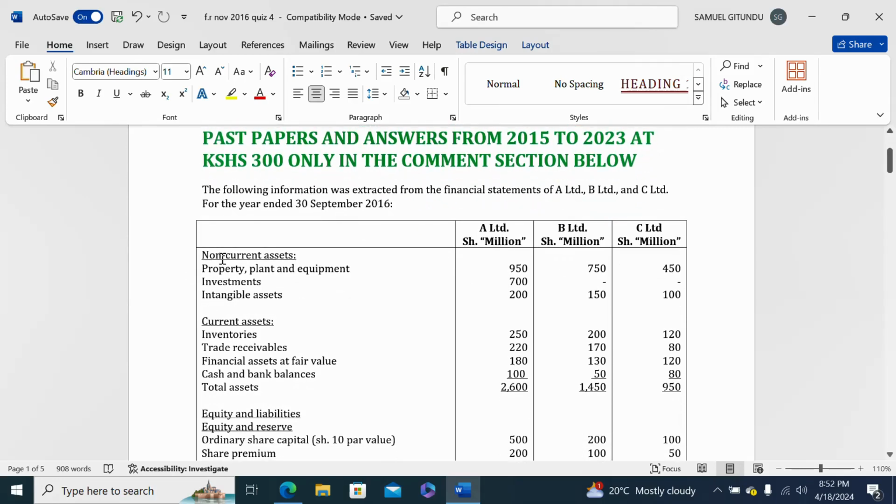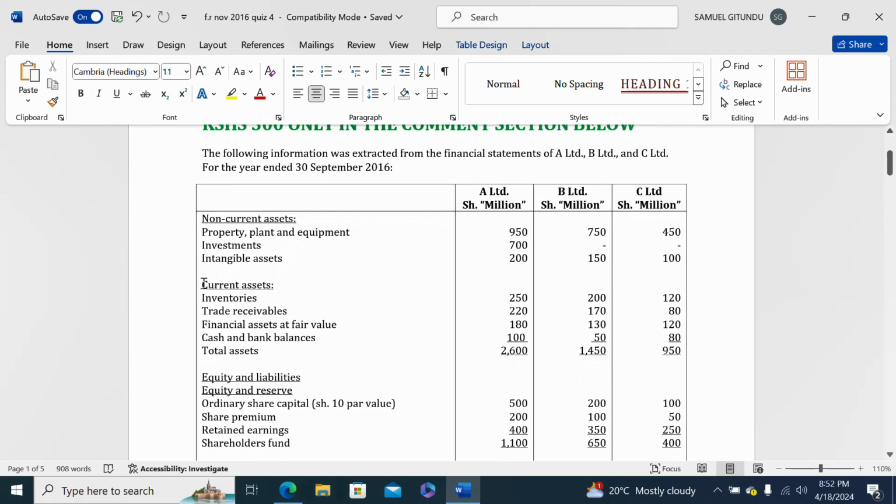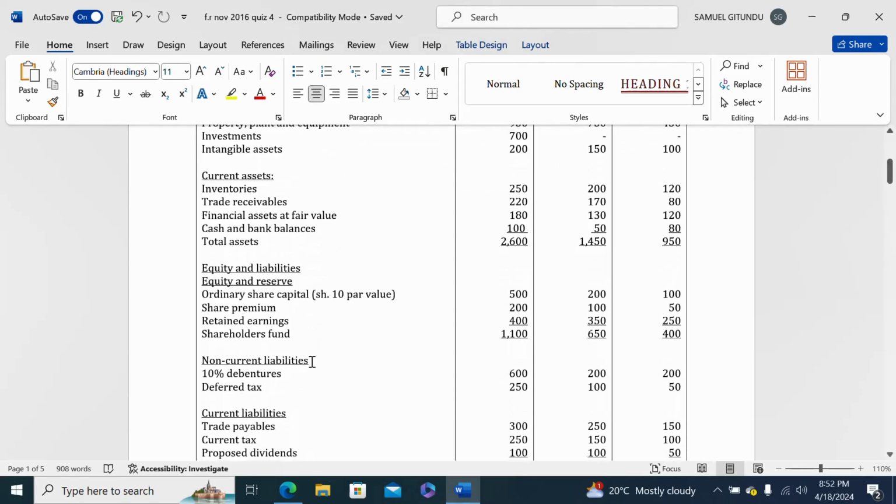Under non-current assets, we have property, plant, and equipment, investments, and intangible assets. Then we go to the current assets: inventories, trade receivables, financial assets at fair value, and cash at bank balances. Then we have total assets.